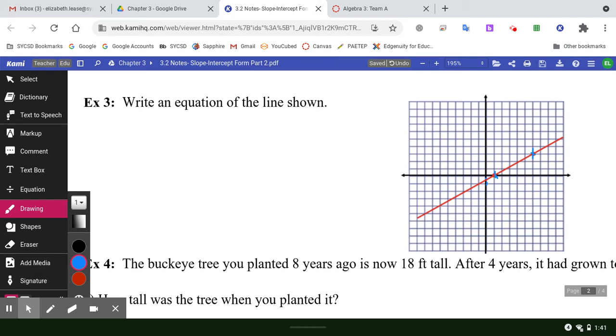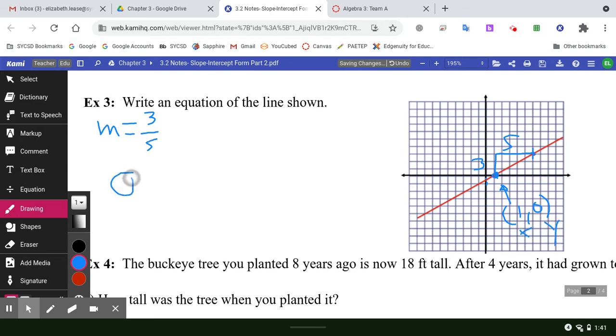So using rise over run, I'm rising 3 units and running 5 units, making my slope 3/5. From here, I can use one of the points that I've been given. So I'm going to use this point, and it has the coordinates 1, 0 to help me figure it out. So 1 is x, 0 is y.